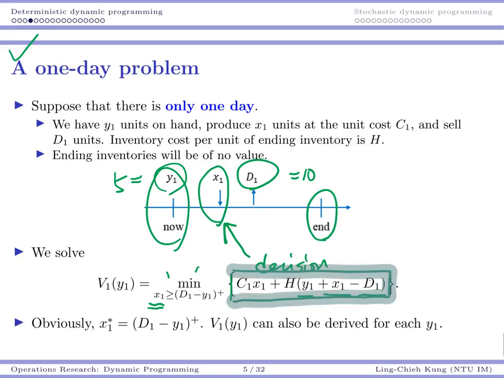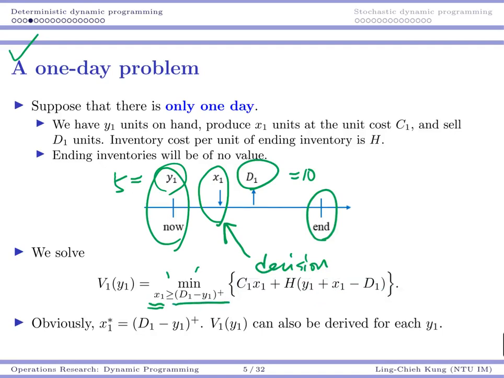And here the thing is that I have a constraint. What's the constraint? The constraint is that I need to satisfy all the demands. So if d1 is greater than y1, like here, we have 10 minus 5, that means I need to produce at least 5 units. So that's exactly D1 minus Y1. But if D1 is less than Y1, let's say D1 is 3, then you don't need to produce anything.